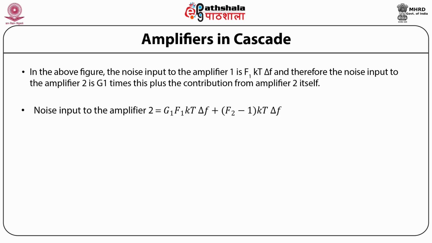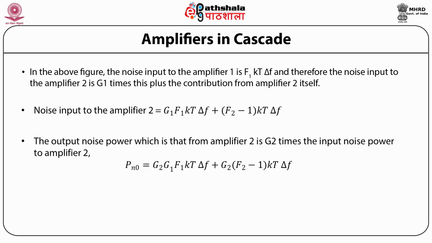So the noise input to amplifier 2 is equal to G1 F1 KT delta F plus F2 minus 1 KT delta F. So the output noise power from amplifier 2 is G2 times the input noise power to amplifier 2. So we can write PNO equal to G1 G2 F1 KT delta F plus G2 F2 minus 1 KT delta F.